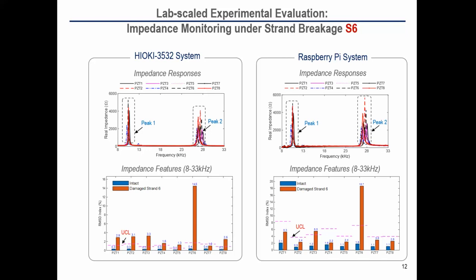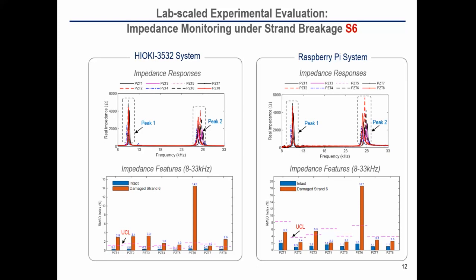This is the other case, strand 6. The impedance response of the PZT sensors is quite similar in peak position as above, although the magnitude of the peak is a little bit different. As you can see below, the figure shows the impedance features of the PZT sensors in a bar chart.